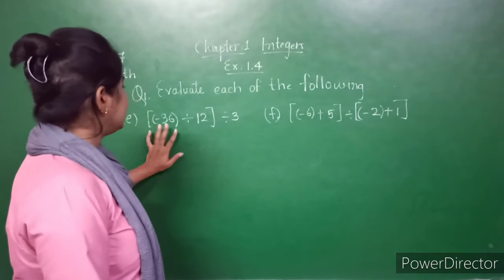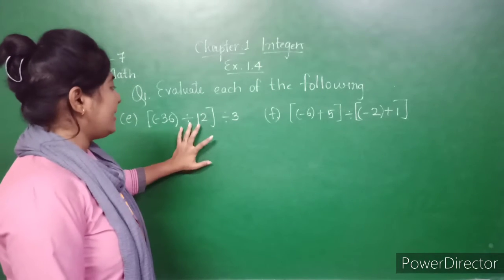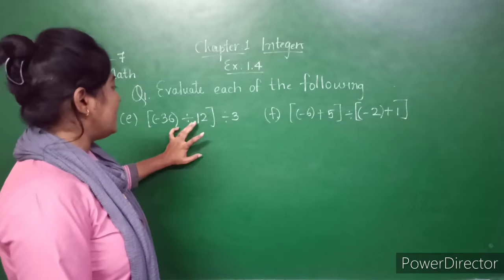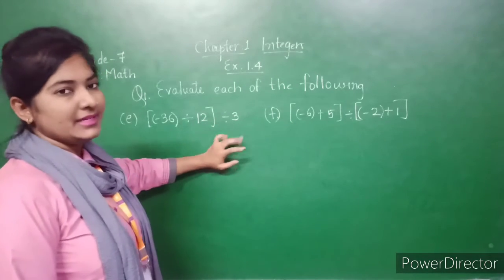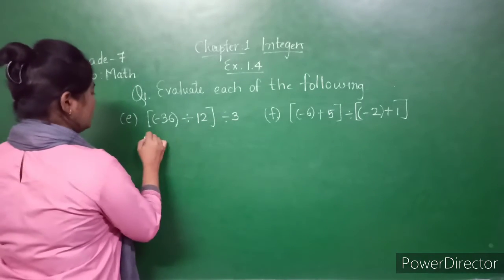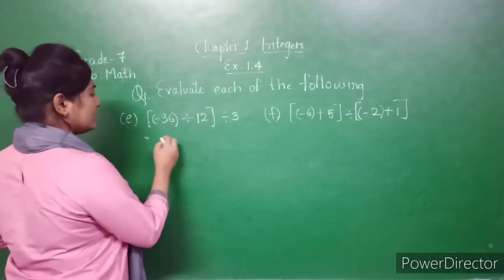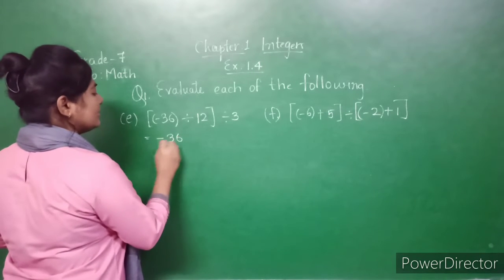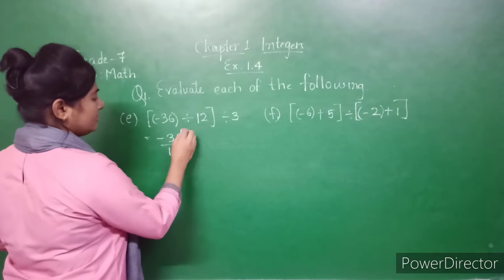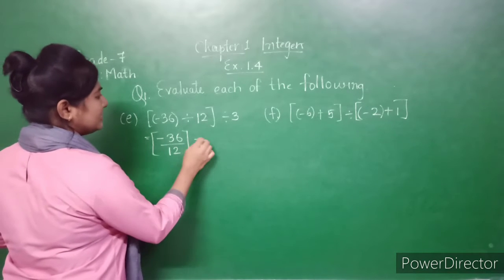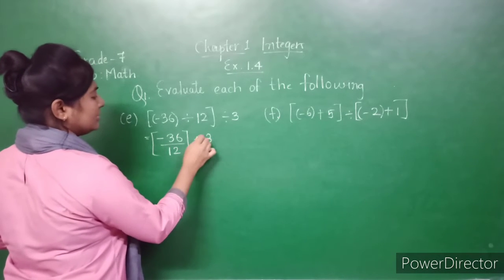Now next, minus 36 divided by 12 divided by 3. So here first of all we have to open this bracket. So it is minus 36 divided by 12, and it is divided by 3.